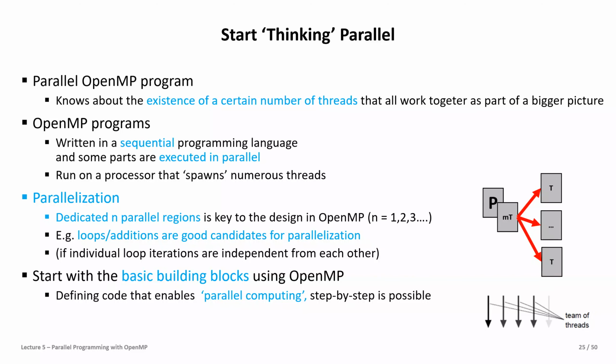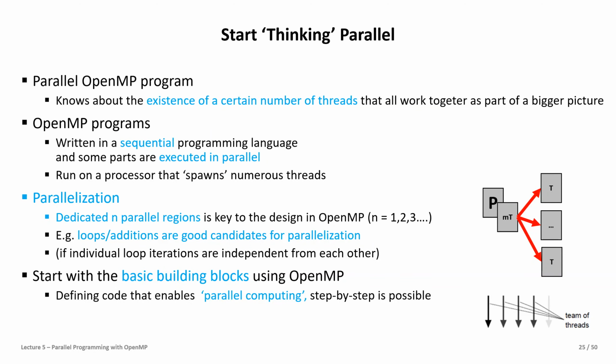It's a little easier, because we have a shared address space that every thread can access to read and write the variables. And we have seen that loops might be an interesting candidate for parallelization, so this is also something we want to look at.